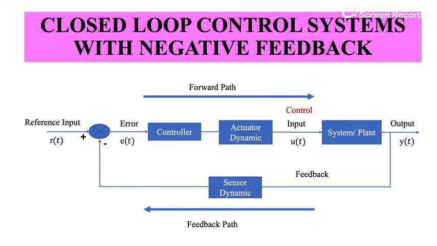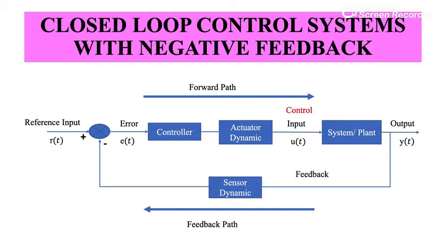So what is actuator dynamics? The controller calculates the control input and provides it to the system, but we need some element to physically realize this control input. For example, suppose we want to drive a car autonomously. So let us consider the task of steering a car.